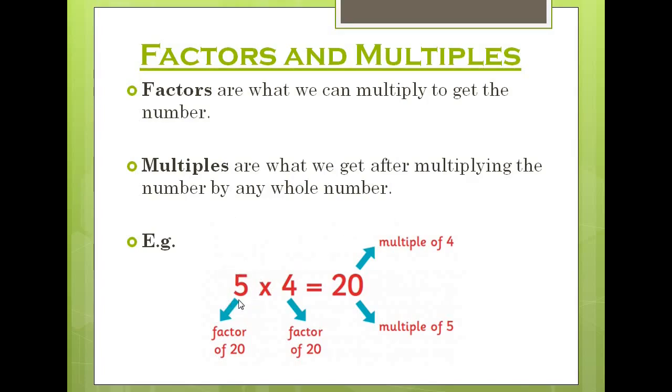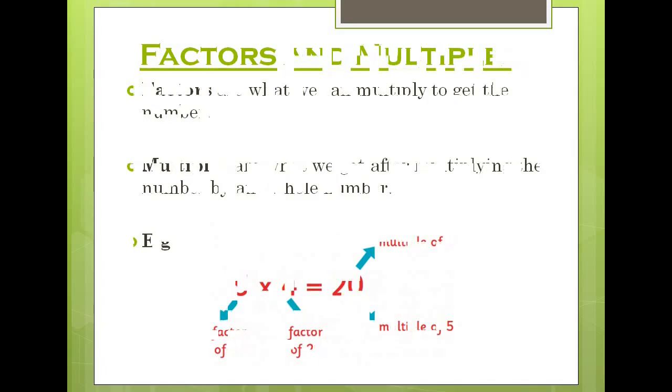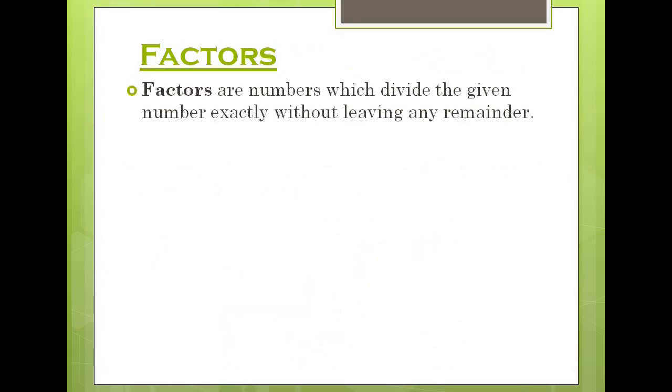Suppose I take a number 5 and I multiply it by any number, that is 4, and the result is 20. So 20 becomes the multiple of 5 and 4, and 5 and 4 become the factors of 20. We'll discuss more about it. Let us first go to see it more clearly.